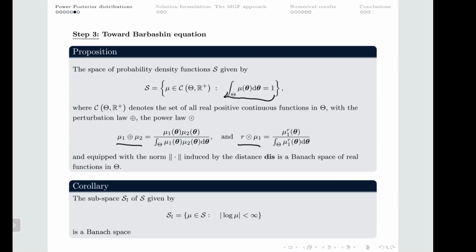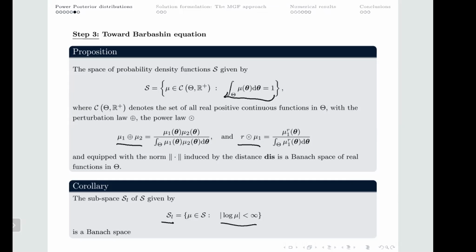But the problem here is that we are not really interested in the space S, because our function is v. So we have to define now a subspace SL where the log of the function is bounded.